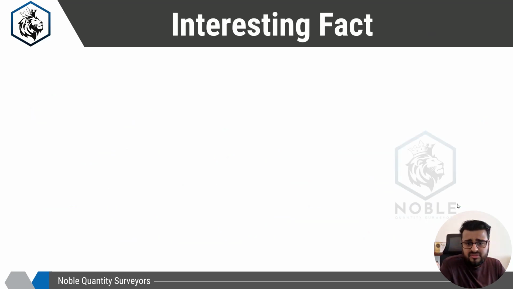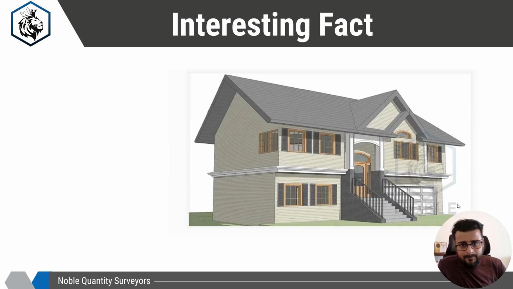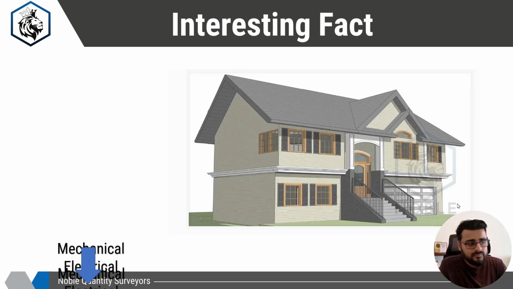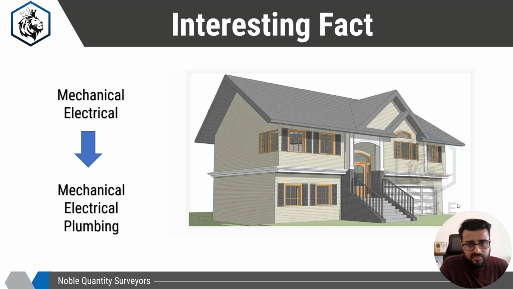The next one is an interesting fact. When we talk about a building, it will have MEP works associated with it. Before, plumbing was a part of civil, then it was adopted by ME and became MEP. What it means is that before it was only ME, it was not MEP works.